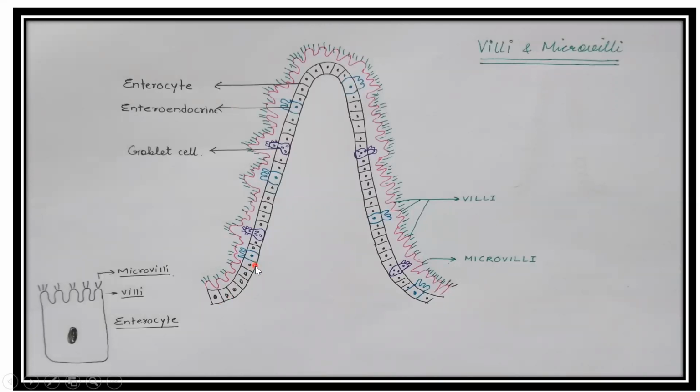As this part is clear, I would like to focus on one thing here, that each of these villi has its own capillary network. I have not drawn it over here because it would become too confusing, but each villus has its own capillary network and a lacteal. What is a lacteal? A lacteal is a vessel of the lymphatic system. What is the purpose of this?